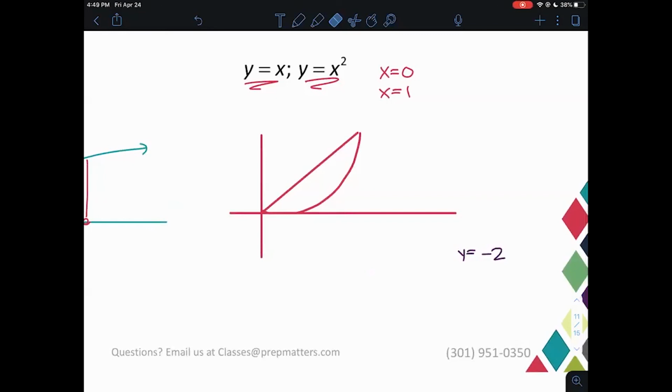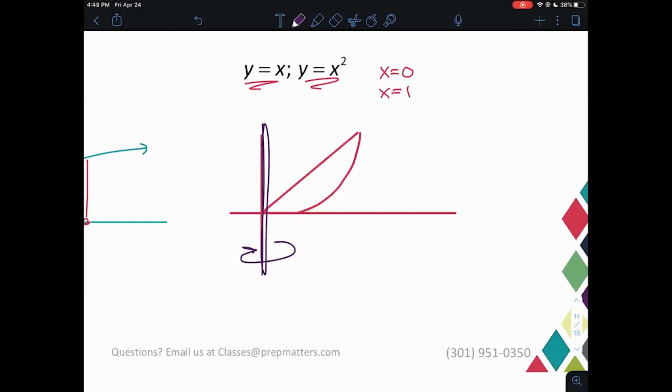If I change that thought process and say, actually, let's rotate around a vertical line. Let's rotate around the line x equals 0. When we're rotating around a vertical line, we want to flip all of our functions into terms of y.